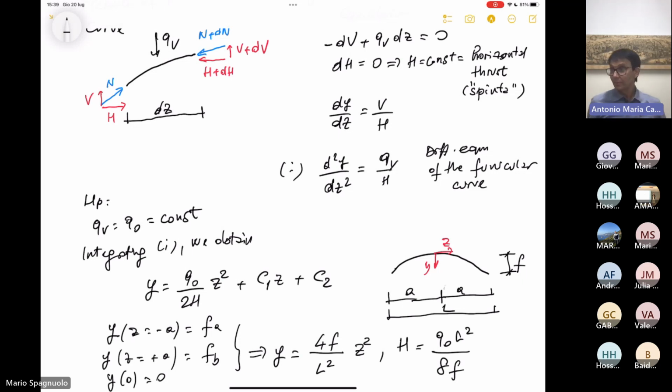Now, this load distribution does not exactly correspond to several technical loading distributions. For example, the self-weight is not a uniform vertical load per unit horizontal projection, because the self-weight is uniformly distributed.